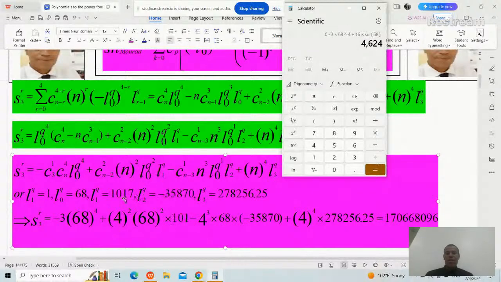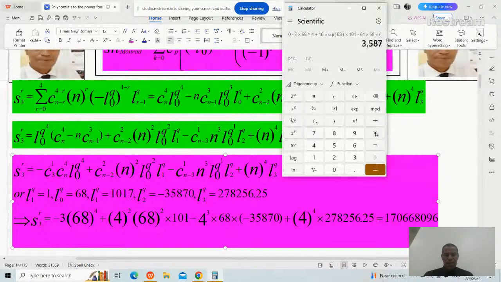L1 is 101. Times 101. Minus 4 cubed, minus 64, times 68 times 68 times, between parentheses, negative 35.